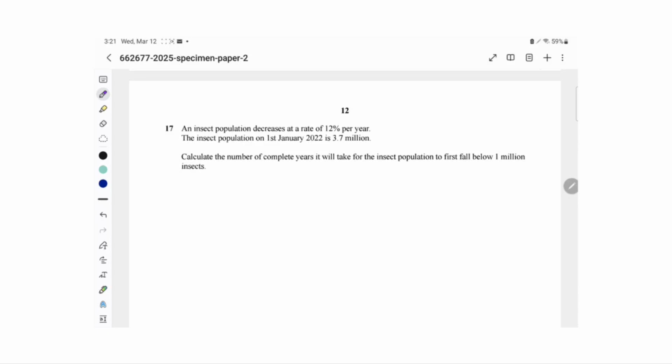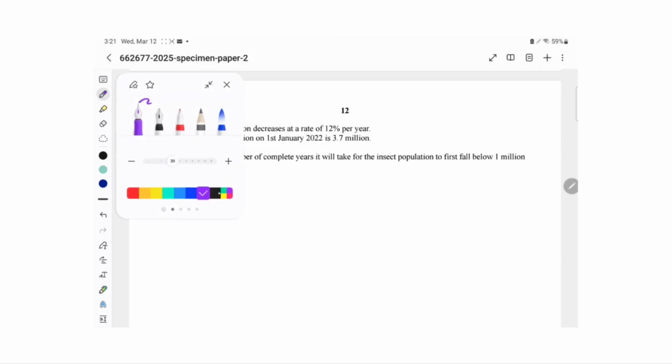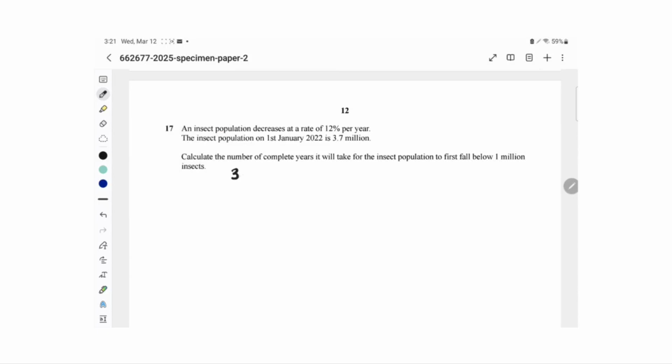Like if it is coming 2.2, you write down 2 complete years. We'll take it for the insect population to first fall below 1 million. So 3.7 million means 3.7 × 10^6.